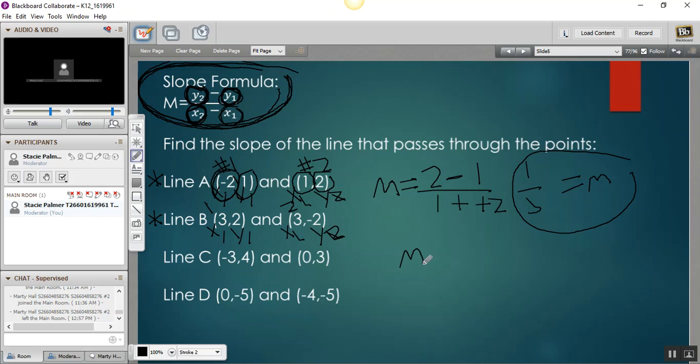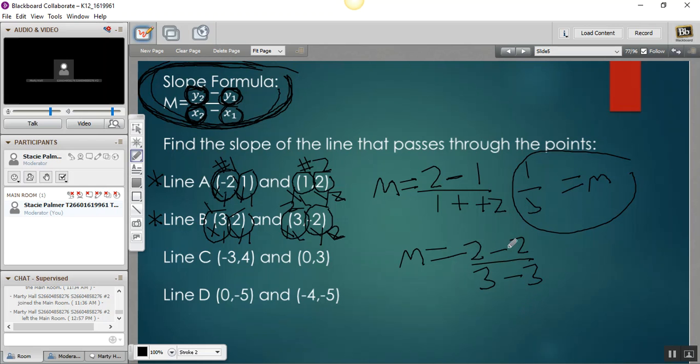Okay, so now let's put our slope formula here. M is equal to the y from the second point, which is -2, minus the y from the first point, which is 2, over the x from our second point, which is 3, minus the x from our first point, which is also 3.